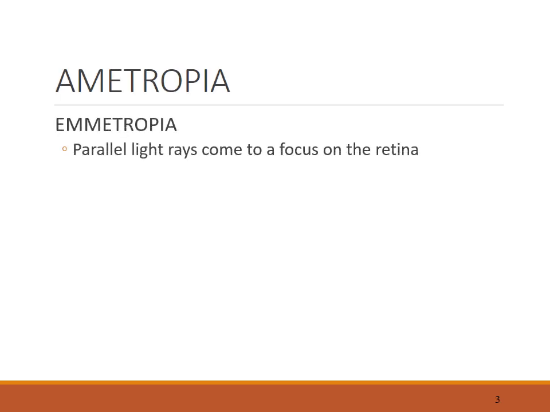What is emmetropia and also ametropia? Emmetropia is a state in which the eye is relaxed and focused on an object more than 6 meters away. The light rays coming from the object are essentially parallel, and the rays are focused on the retina.